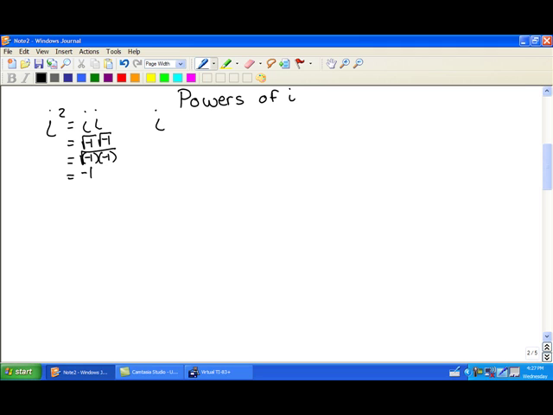If we looked at i to the third power, that's really i times i times i, or the square root of -1 times the square root of -1 times the square root of -1, meaning that we have 3 of the -1's under a square root sign. It takes 2 to pull 1 out. So if we pull a -1 out, we're left with 1 of the -1's underneath the radical, and changing that back to its definition is just going to be -i.